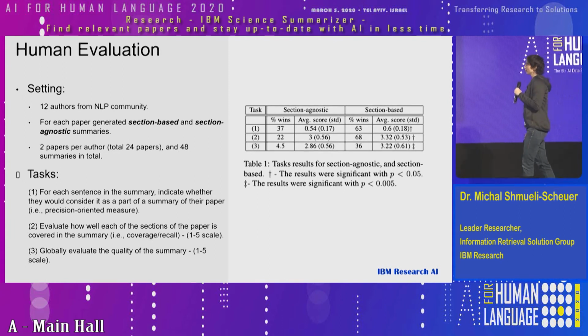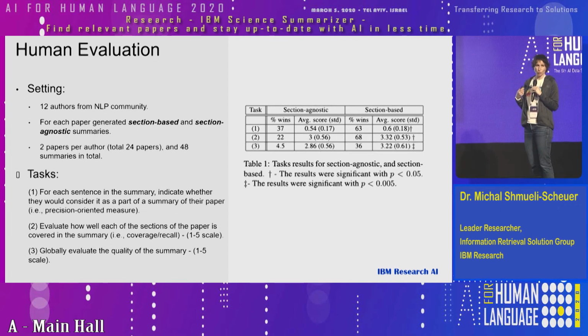In total, we have 48 summaries, and we ask the authors 3 questions. The first one is, for each sentence in the summary, whether you consider it a good sentence to be in a summary that you would generate.